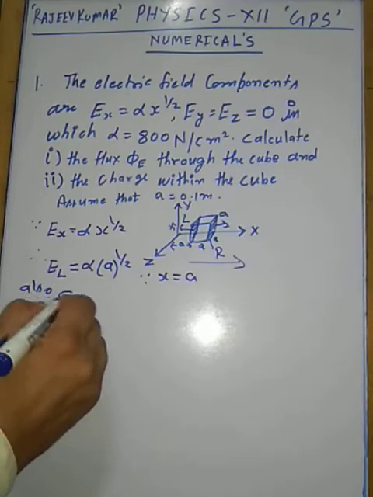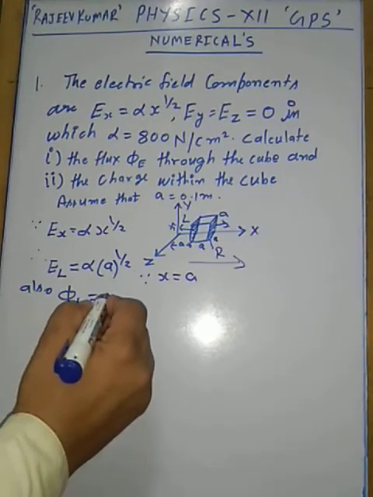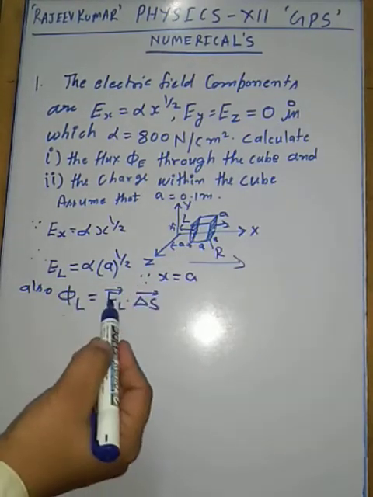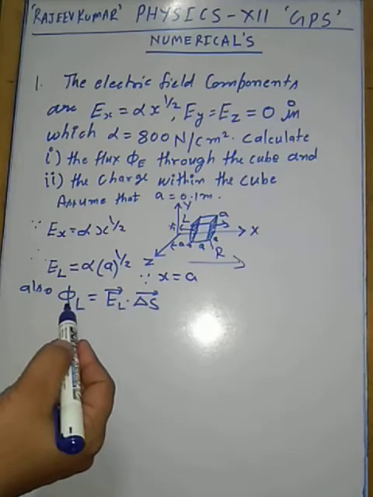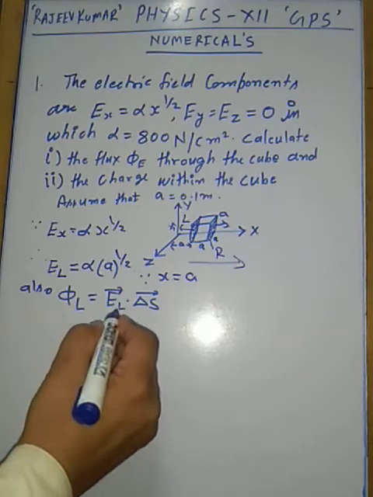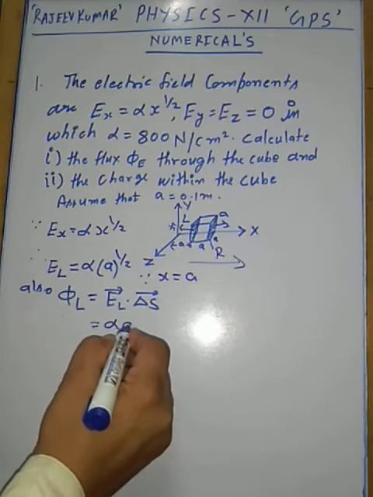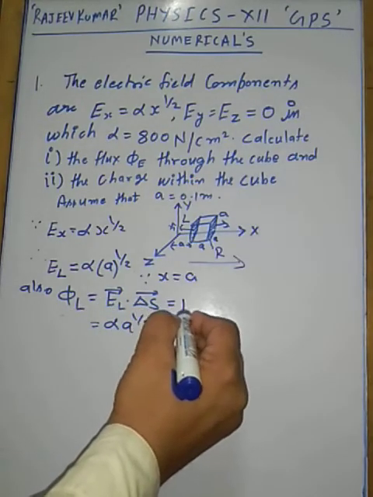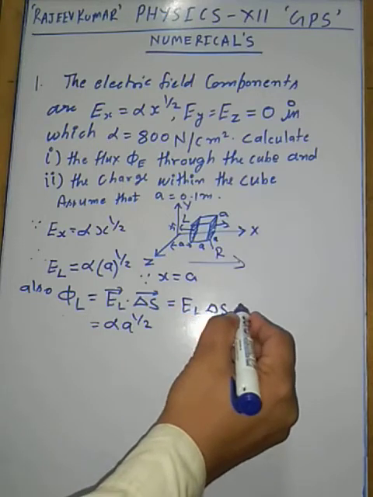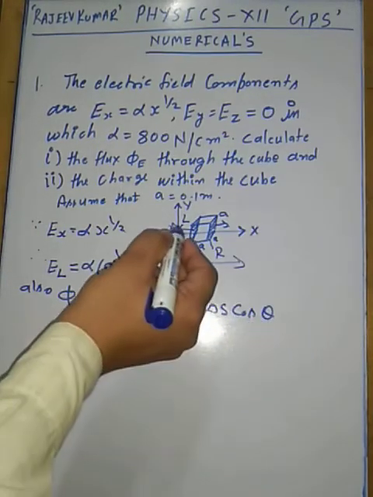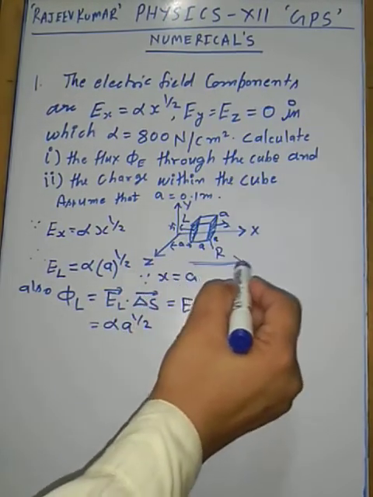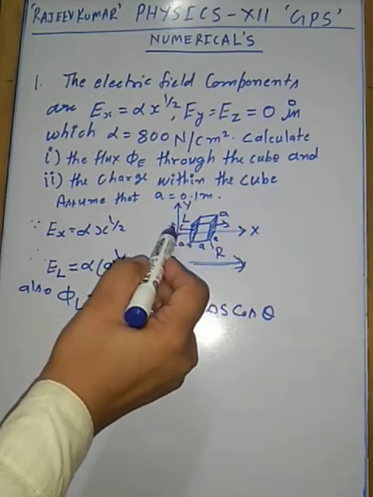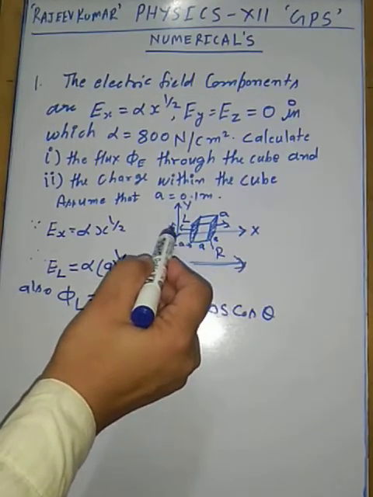Also, the flux through the left face is equal to E dot del S, by the definition of electric flux, where E is alpha a raised to the power 1 by 2, and we can first of all solve it as EL del S cos theta. In this case the electric field is from left to right along the x-axis, and the normal on this face, perpendicular to this face, is towards the right.